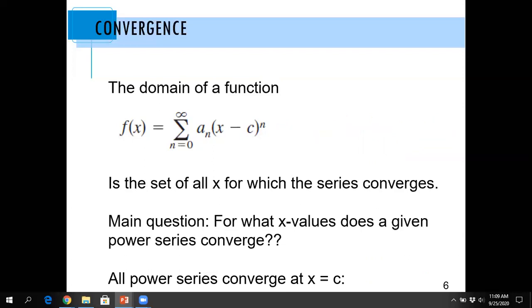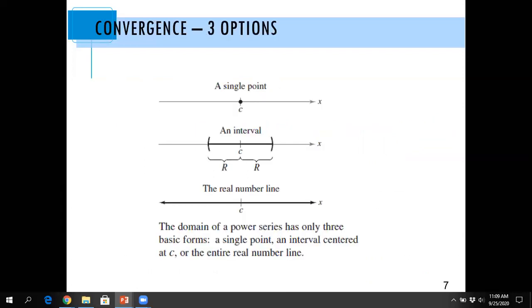And so last time I pointed out that there are 3 situations. One is that all you have is convergence at a single point, namely at the center. The second is that you actually have an interval, a symmetric interval about the center where you have convergence. And this number r right here, does anybody know what that's called from past experience? It's called the radius of convergence.